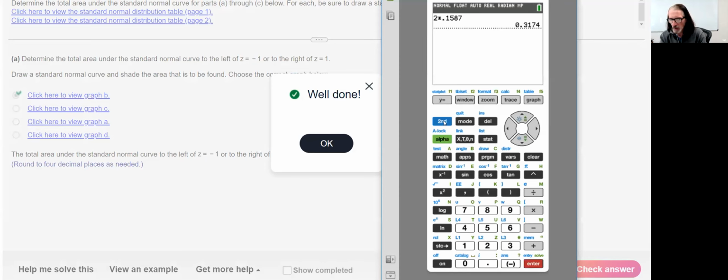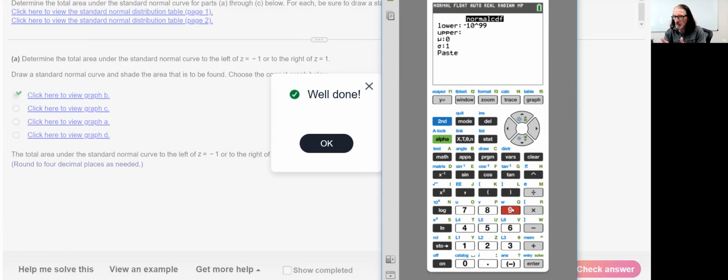We could come up with the first part and then double it because of that symmetry by going to 2 times, and then second above vars is DISTR, short for distribution. We go to normal CDF, and since the TI-84 does not have a way to go infinitely back to the left, we put in the largest negative number that we can, along the lines of -10 to the 99 power.